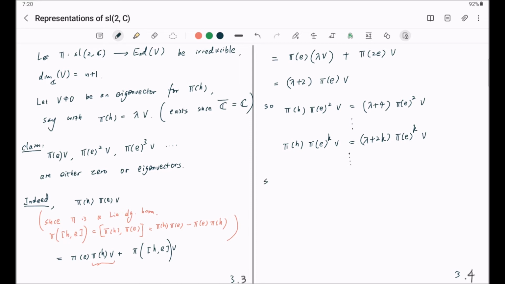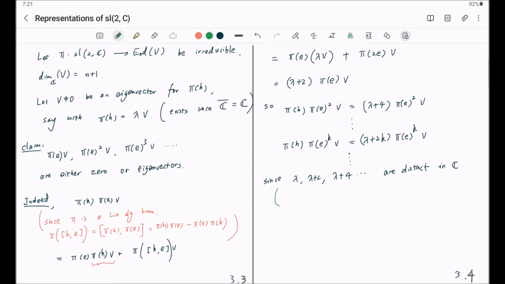Now since lambda plus 2, lambda plus 4 are distinct in C, here we are using the fact that C has characteristic 0. If it has, say, characteristic 2, then this argument will not work.